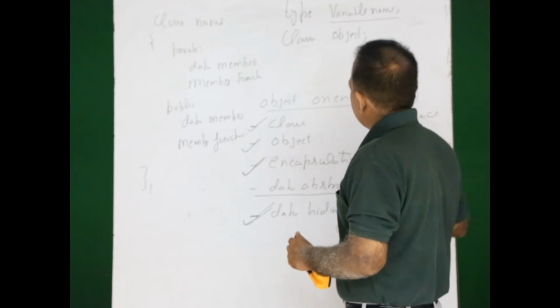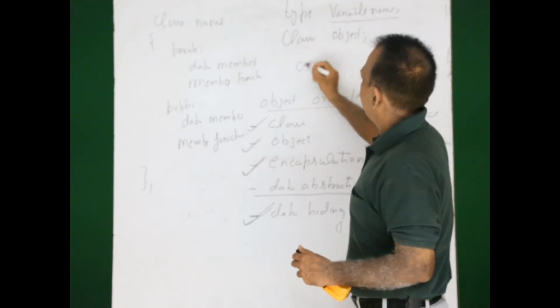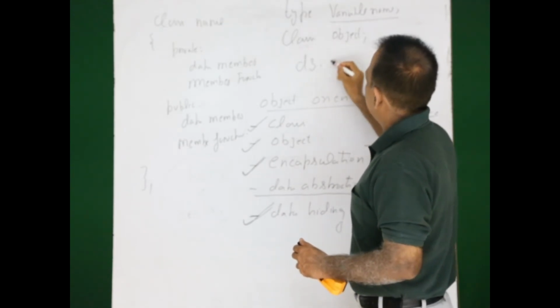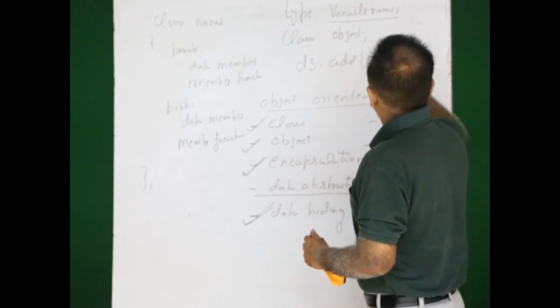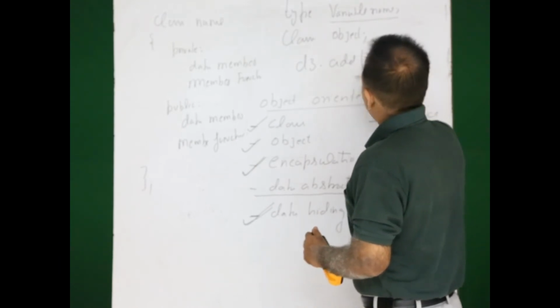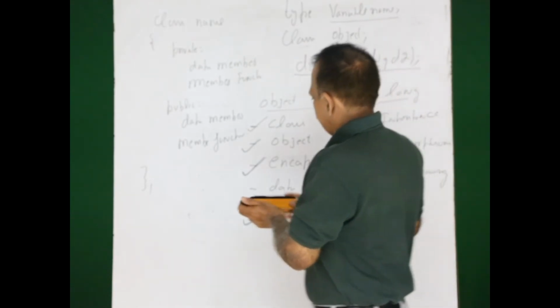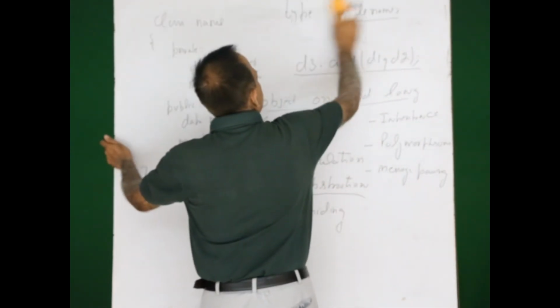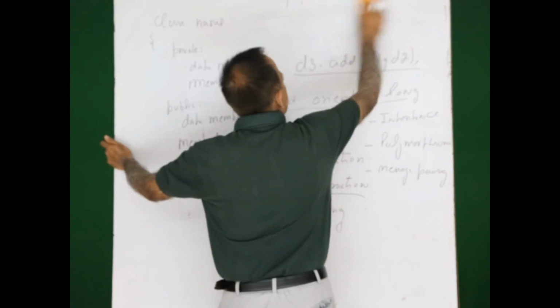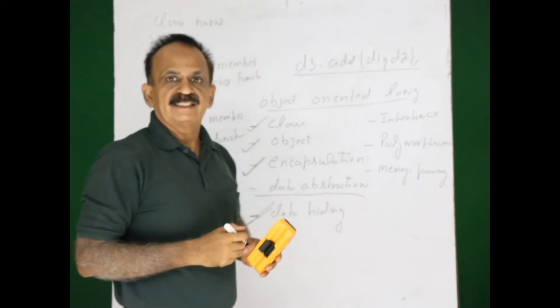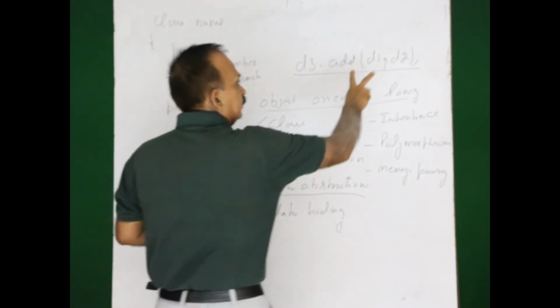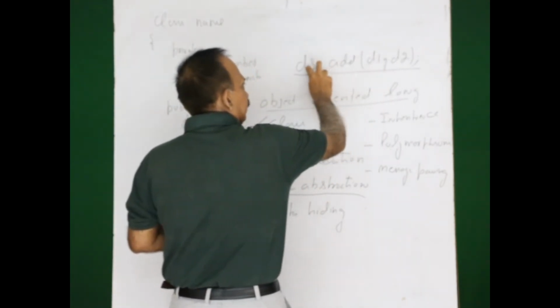Say, for a distance type data, I write a line d3.add(d1, d2). This statement means I will be adding two distances d1 and d2, and the result will be stored in the distance d3. Now, these two are added and stored in d3.